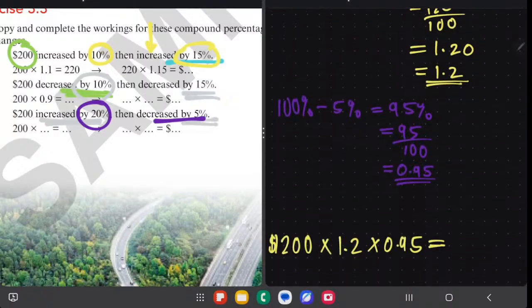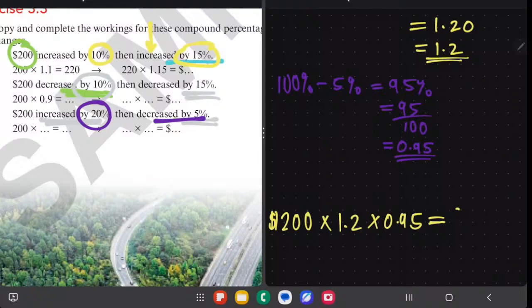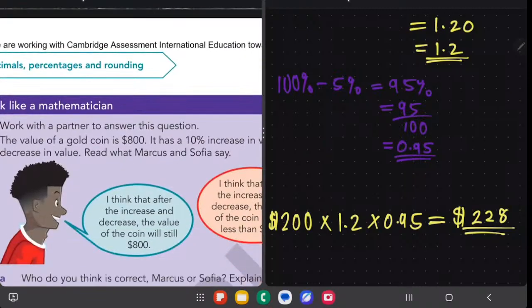What do we get? 228. Okay. So that means that becomes your final $228.